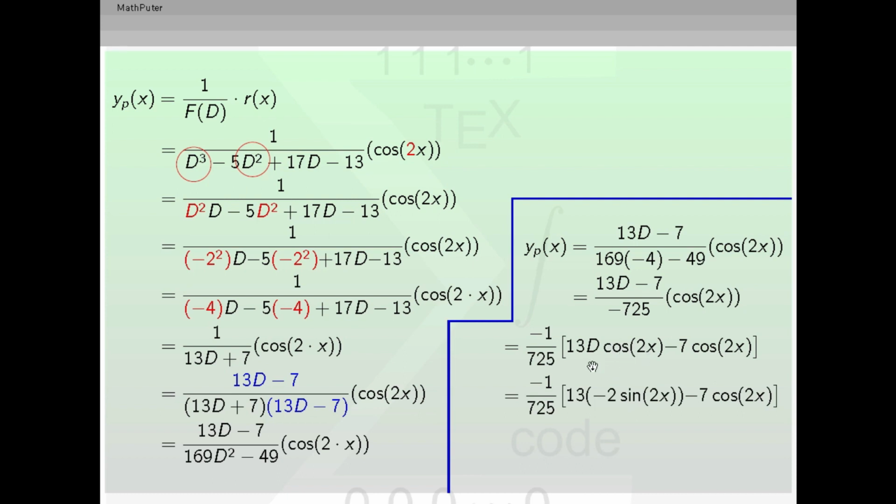What is the derivative of cos 2x? Minus 2 sin 2x. And then we have the final answer yp(x): 13 into minus 2 is 26 upon 725 into sin 2x, minus minus plus 7 upon 725 into cos 2x. This is the same yp(x) which we discussed with the assumption method, right?